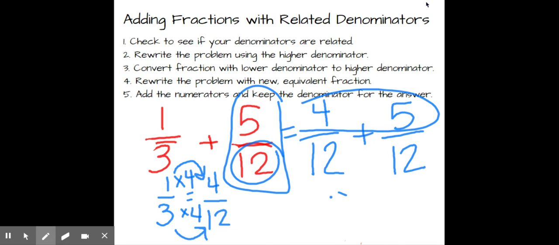Numerators, remember, are the top ones. So 4 plus 5 is 9. And then we keep the denominator because that's our units, and our twelfths isn't going to change once we add our pieces together. Okay, so that's the basic gist of what you're going to be doing today.